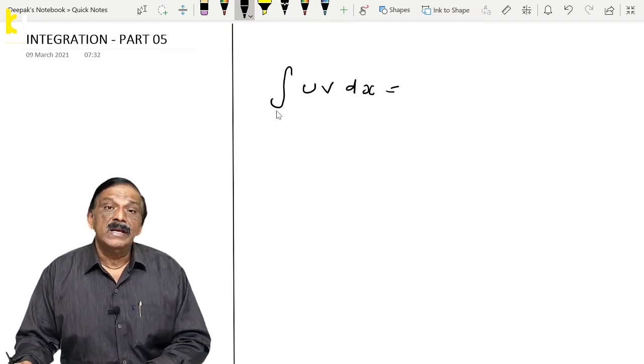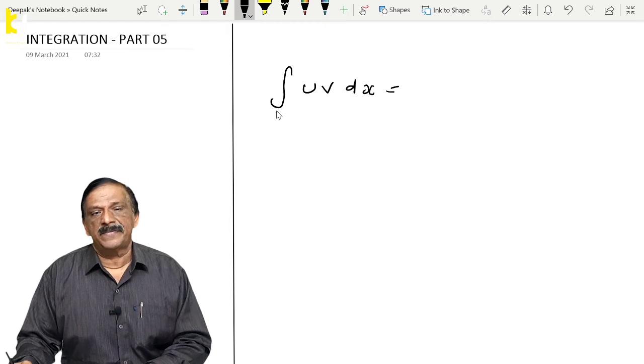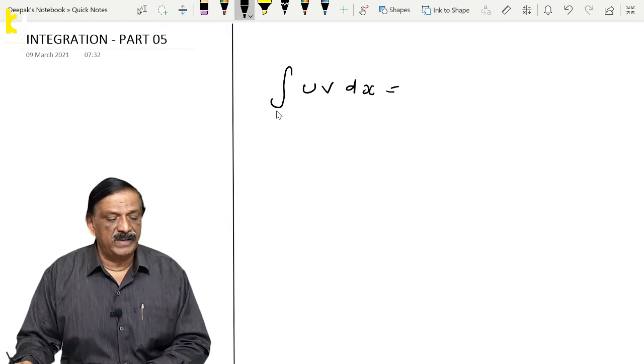Here in integral uv dx, u and v are functions of x.